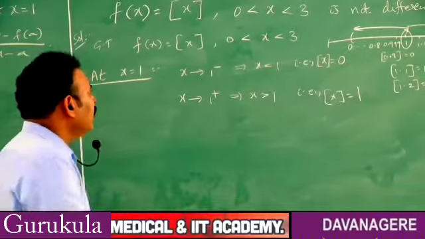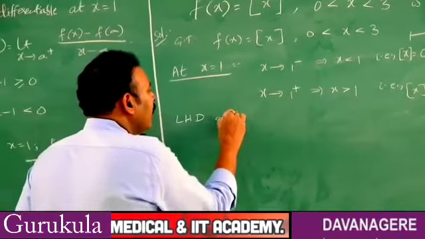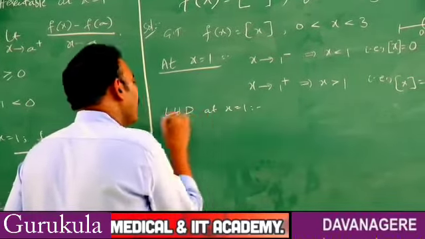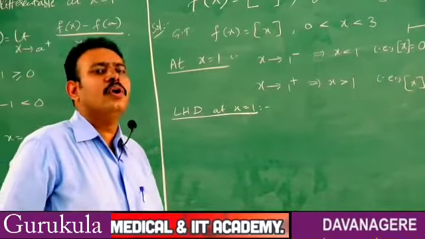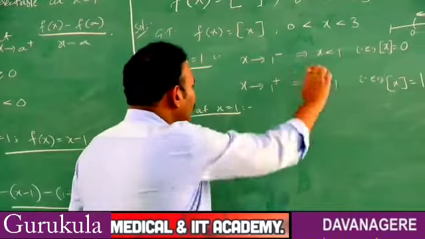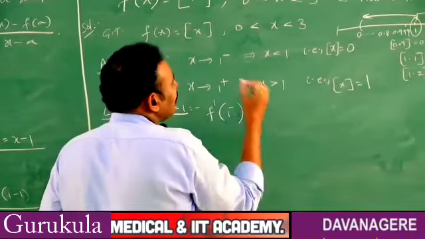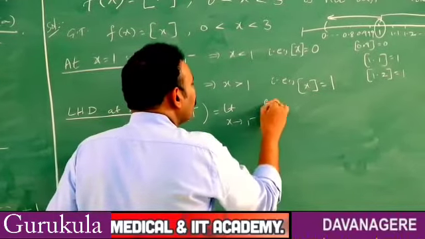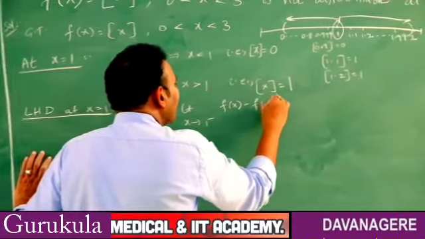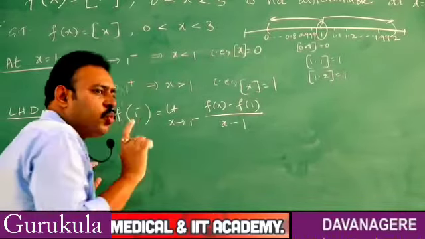Now you can calculate the left hand derivative at x is equal to 1 and the right hand derivative at x is equal to 1. F dash of 1 minus is equal to limit x tends to 1 minus f of x minus f of 1 by x minus 1.